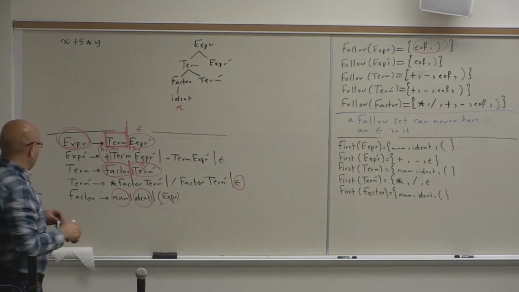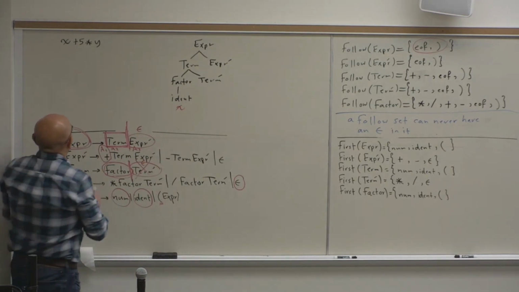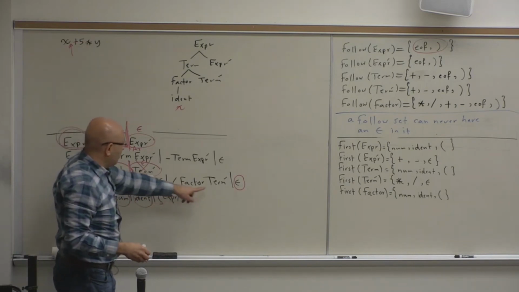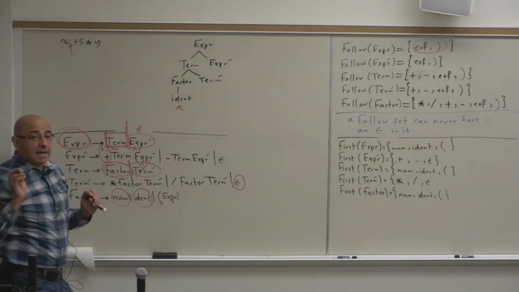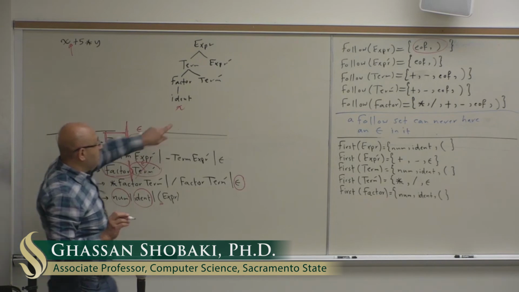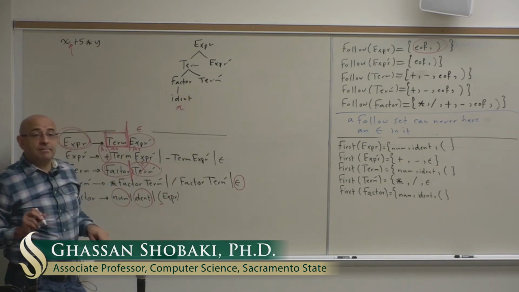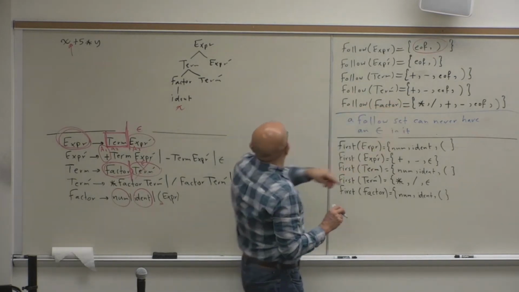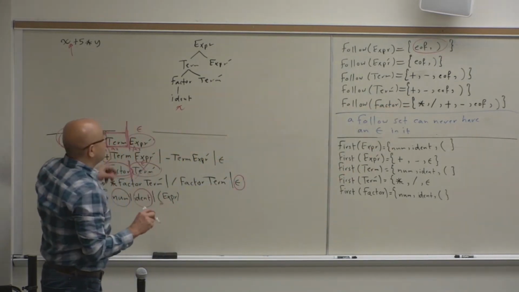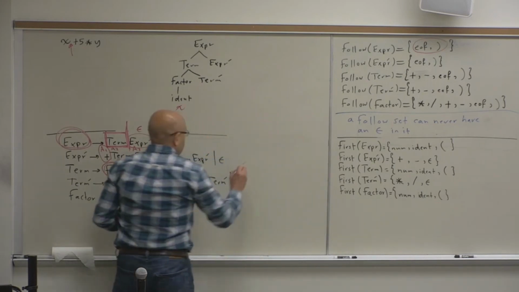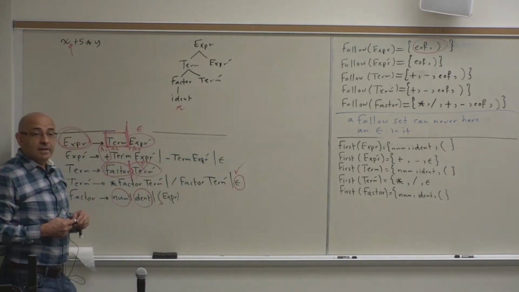Back to the question that we asked, for term prime, I'm not seeing a multiply or a divide. I'm seeing an epsilon. Is epsilon a valid substitution for term prime? It will be valid only if it appears in the follow set of a term prime. Now I look at the follow set of term prime, and there is a plus in it, which means that epsilon is a valid substitution.